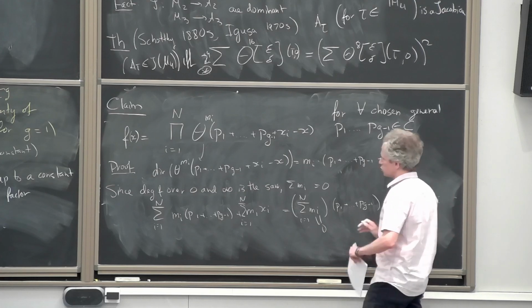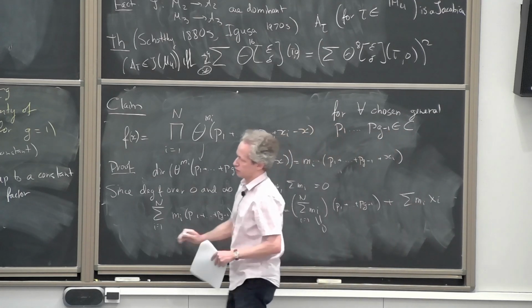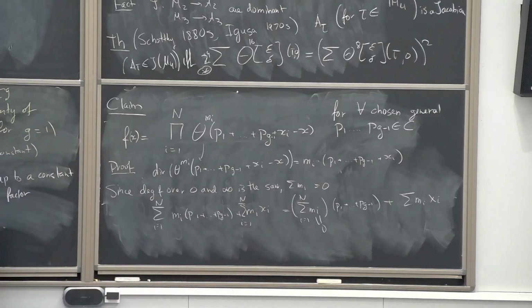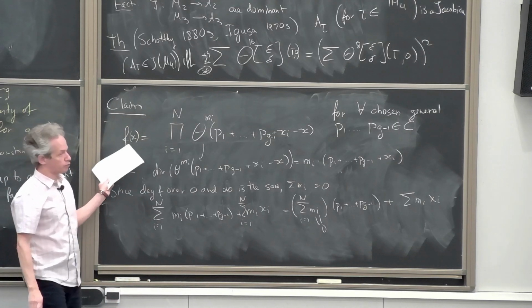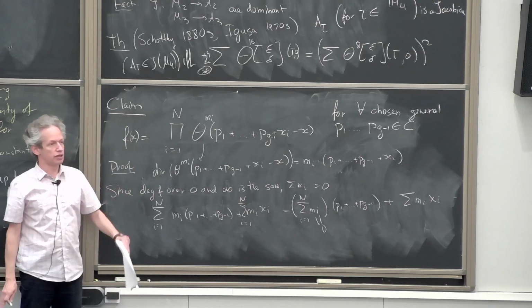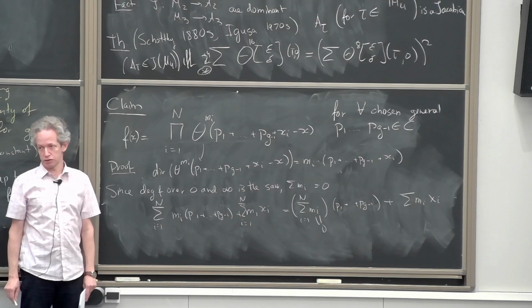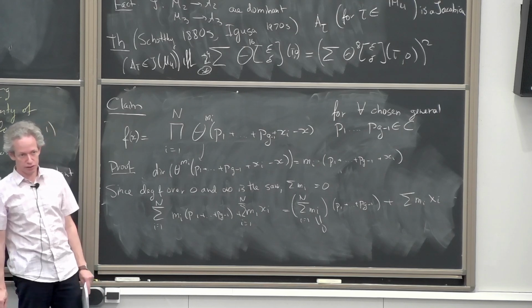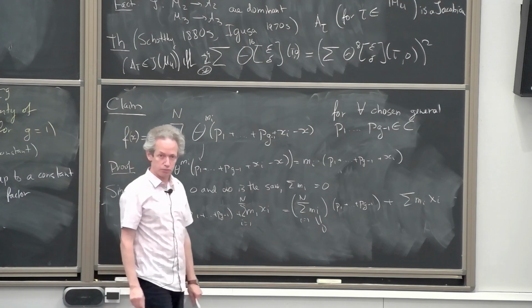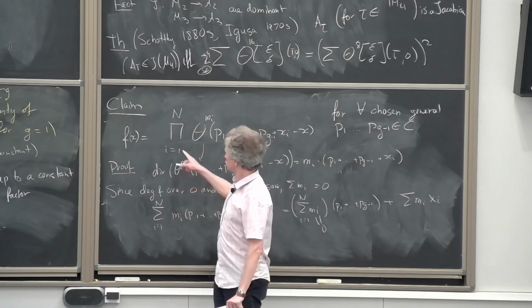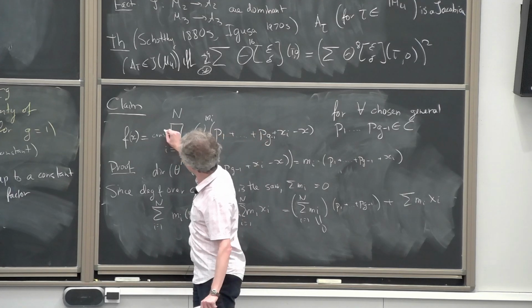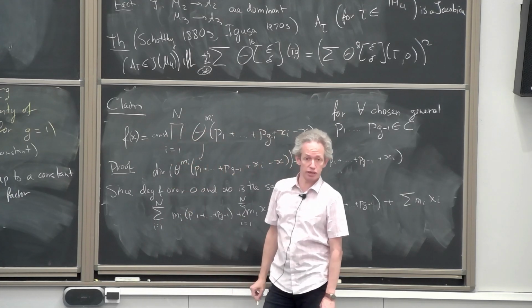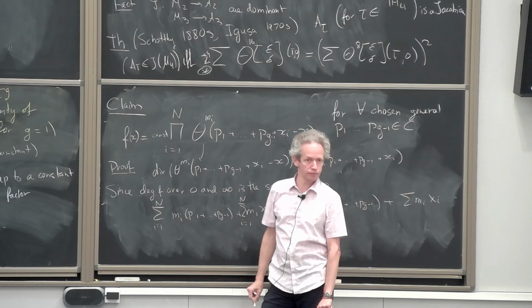So this shows that this product will have the same divisor as this function. But then if I take one side and divide by the other, there are not going to be any zeros or poles. But a function on a Riemann surface without any zeros or poles is called a constant. So there is a constant here, which I cannot determine, and that's free, right?